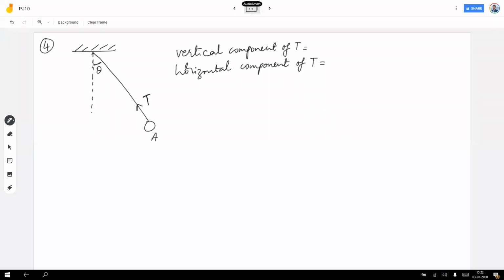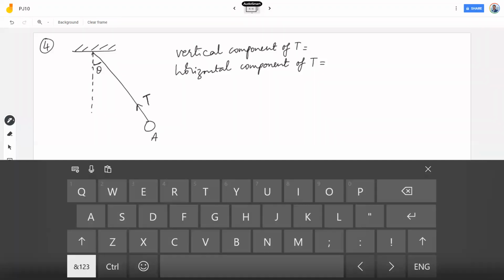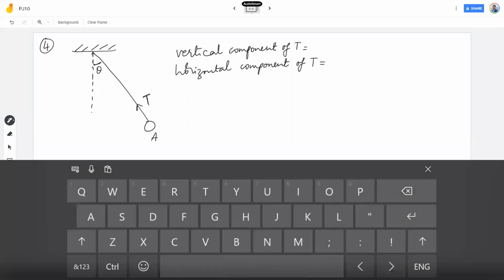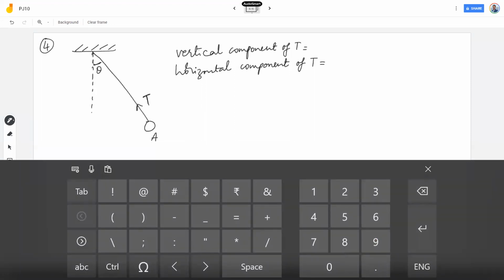Siddharth? Kaushik Babu, no break. You cannot? Okay, wait. Got the number?